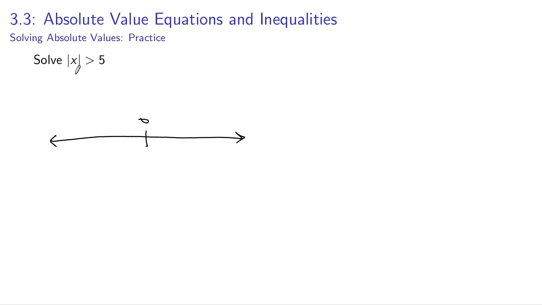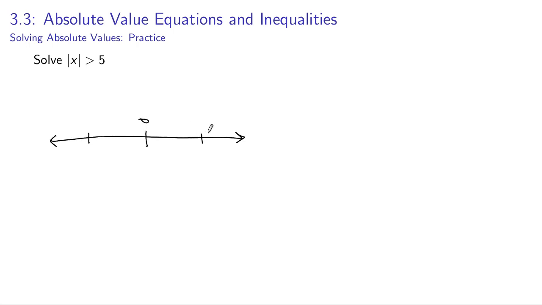So we're saying the distance from an unknown number and 0 on the number line is bigger than 5. So the distance from the unknown number and 0, so x is the unknown number, has to be bigger than 5.